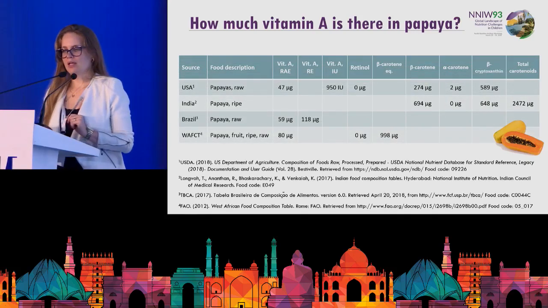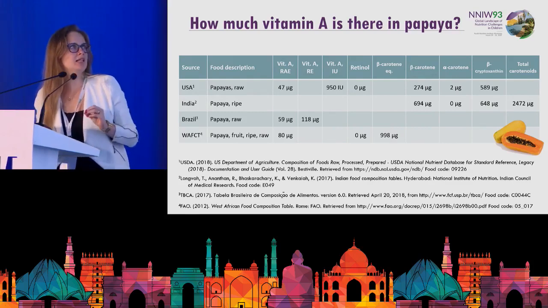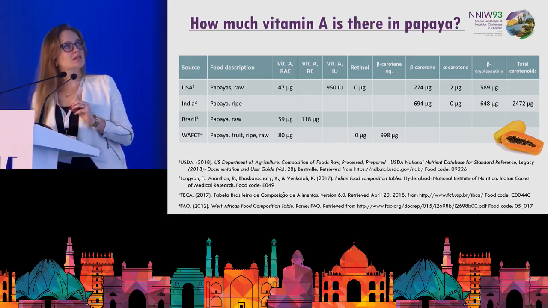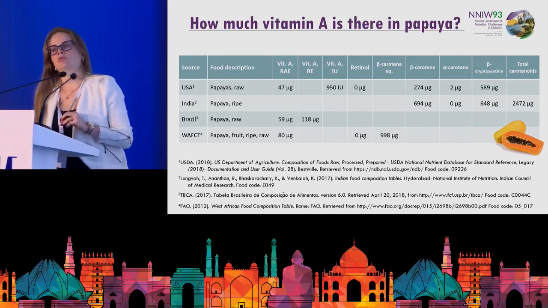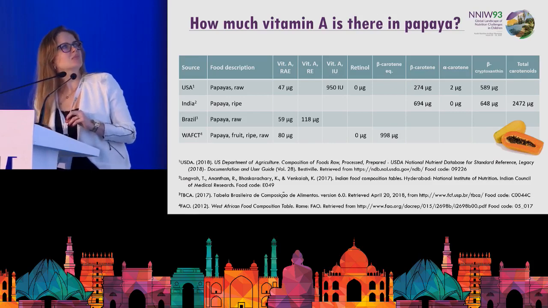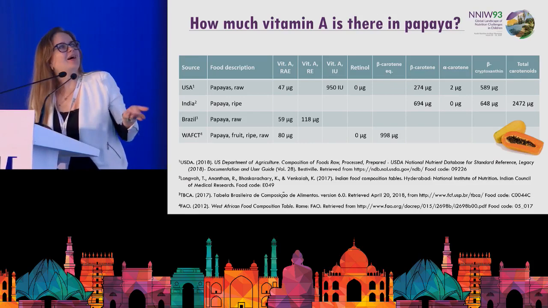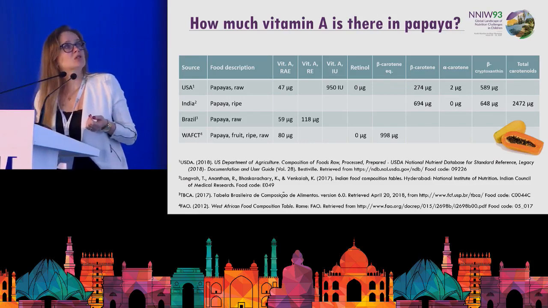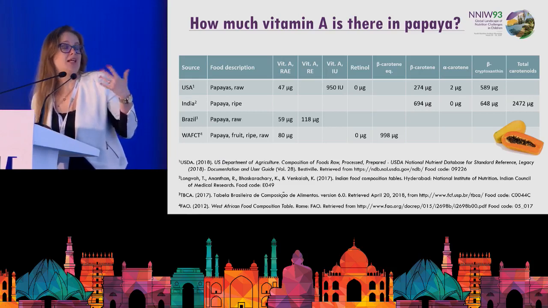If we go and look for this information in different food composition tables, and here I have one from the US, one from India, one from Brazil, and another one from West Africa, we can see that I could find papaya in all food composition tables, but the components that I found that are related to the vitamin A content change among the databases.